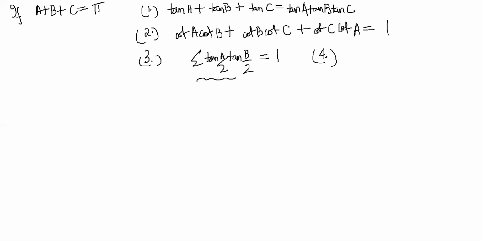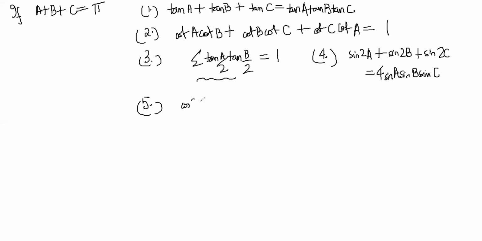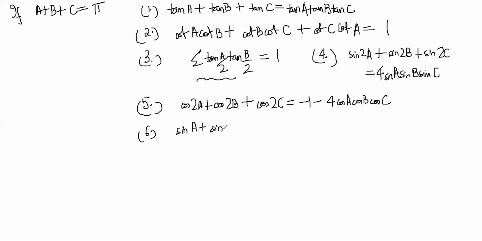Fourth one is sin 2A plus sin 2B plus sin 2C is equal to 4 sin A sin B sin C. Then fifth one is cos 2A plus cos 2B plus cos 2C is equal to minus 1 minus 4 cos A cos B cos C. Next, sin A plus sin B plus sin C is equal to 4 cos A by 2 cos B by 2 cos C by 2.